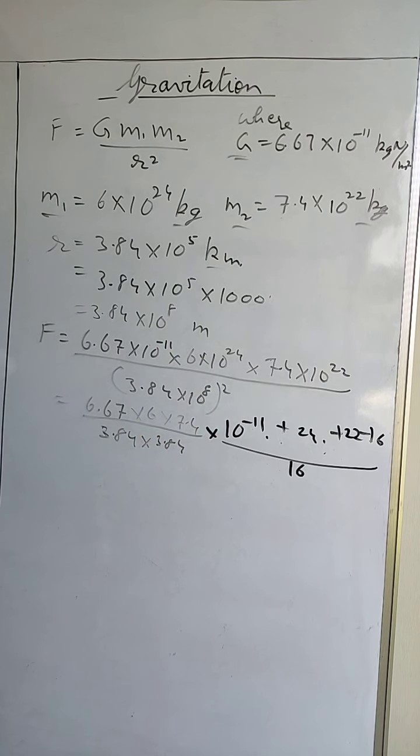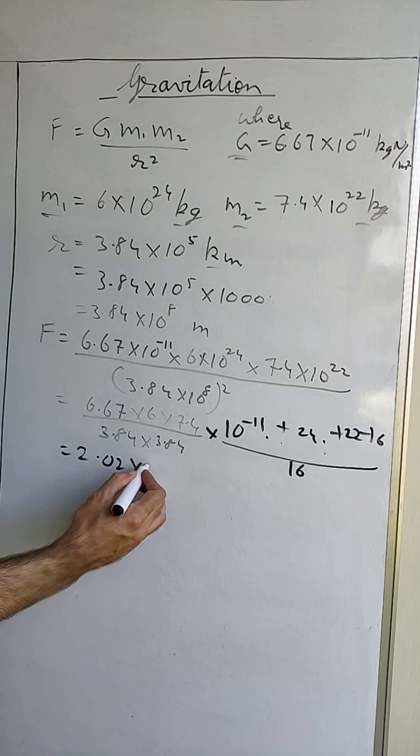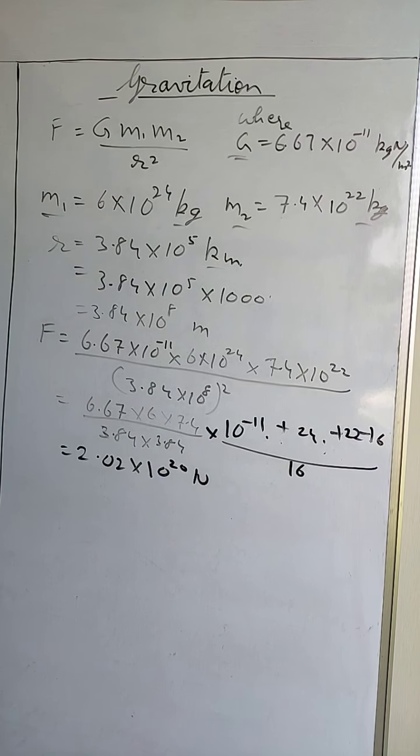Now if you calculate this entire expression, the answer should be 2.02 into 10 to power 20 Newton. So this is the force of gravitation between moon and earth. So using this equation we can find everything related with gravitation. So this makes this formula or this concept very important.